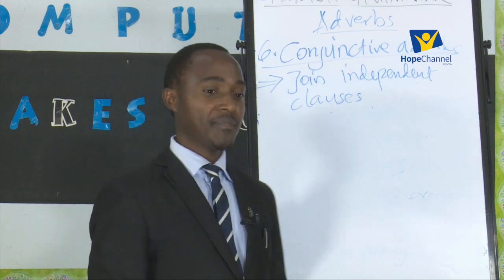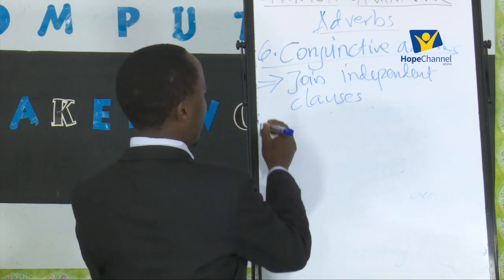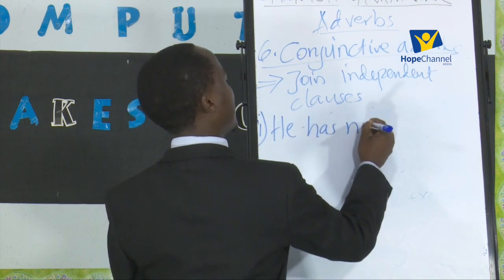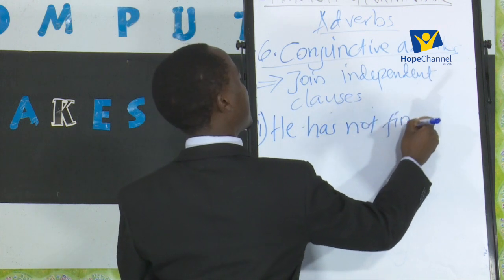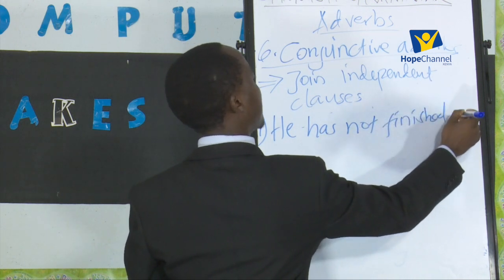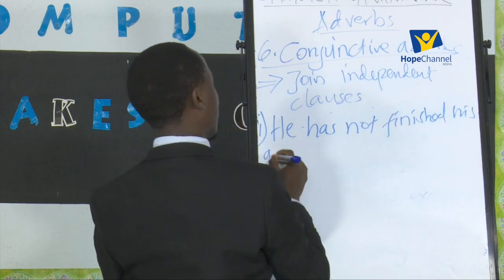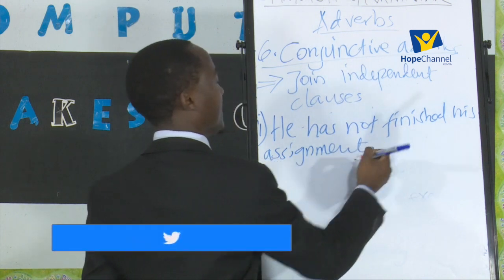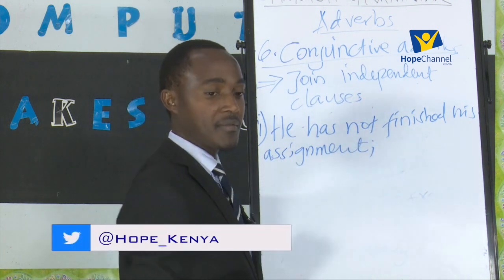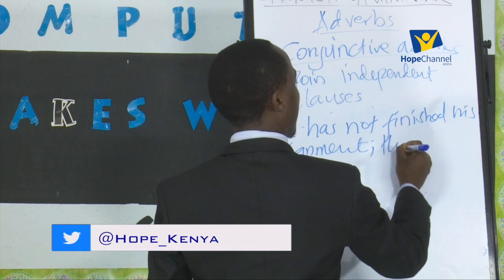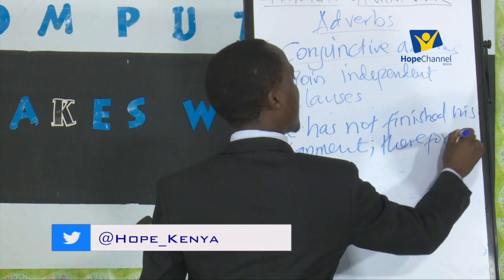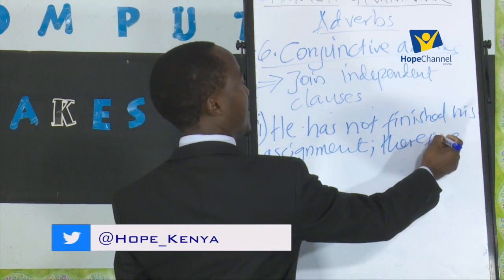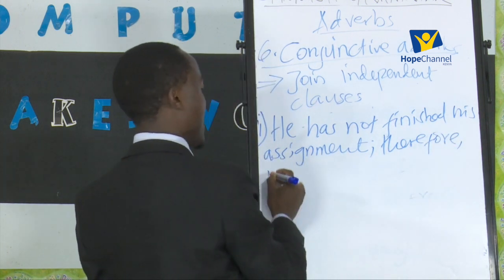For example, an example in a sentence. He has not finished his assignment; therefore, I will not allow him in. And watch the punctuation of these conjunctive adverbs.